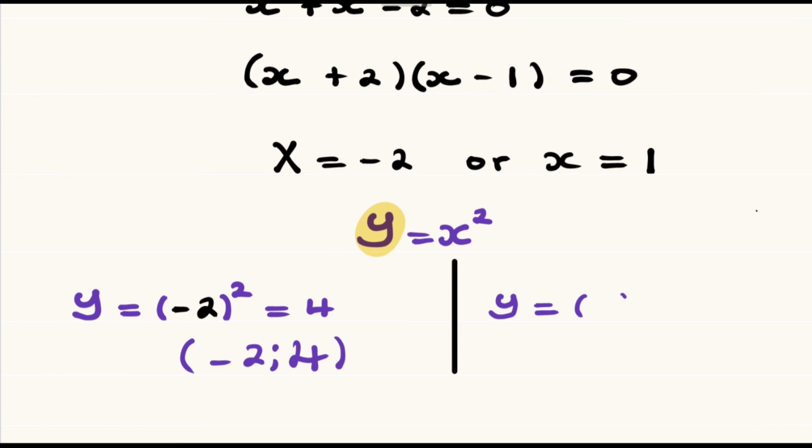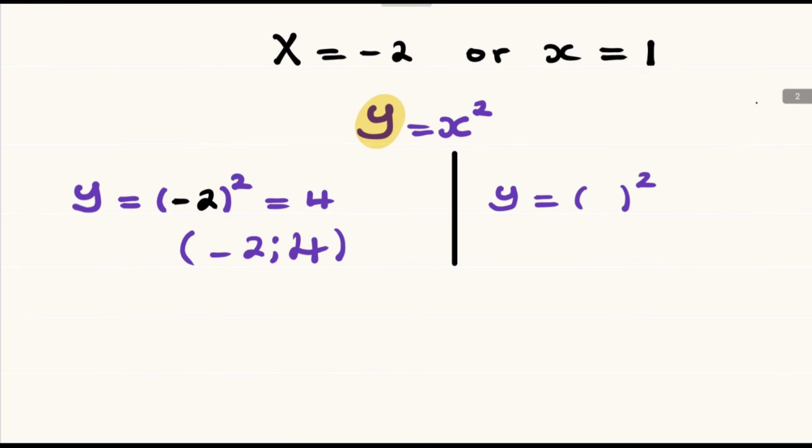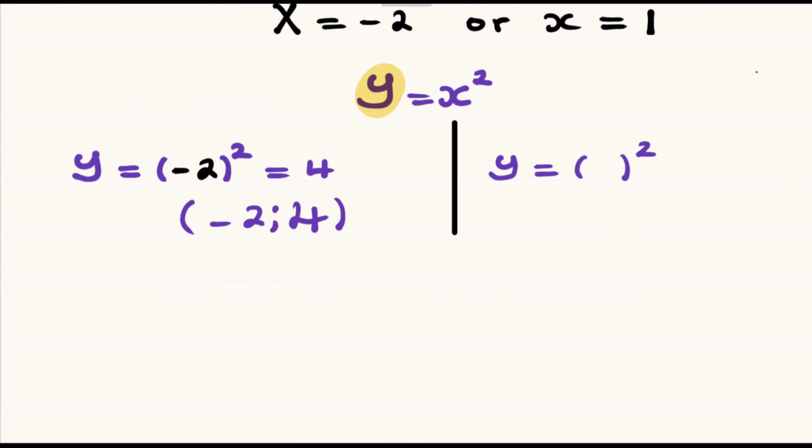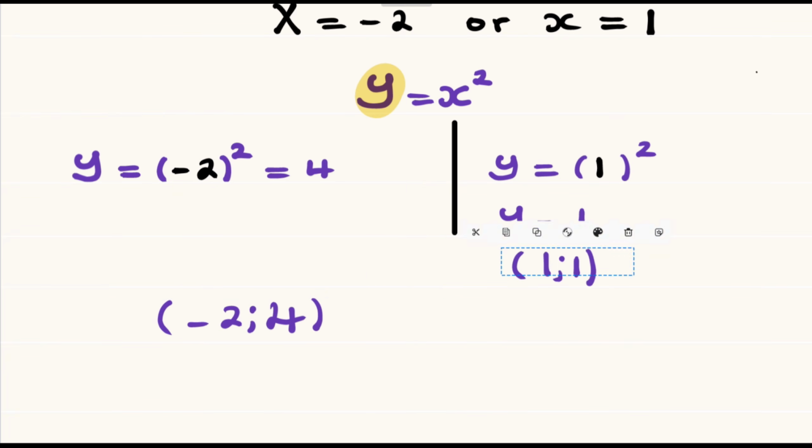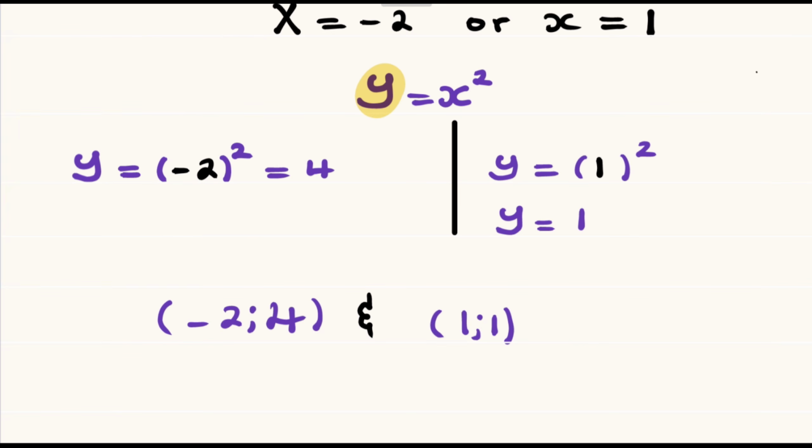Where there is x, we substitute 1, and 1 squared is equal 1. So our y is equal 1. So the second point of intersection is 1 and 1, while the first was negative 2 and 4. So we determined the points of intersection.